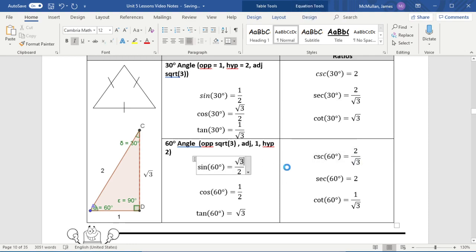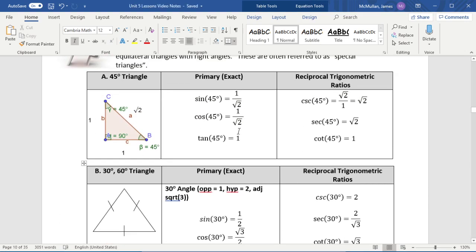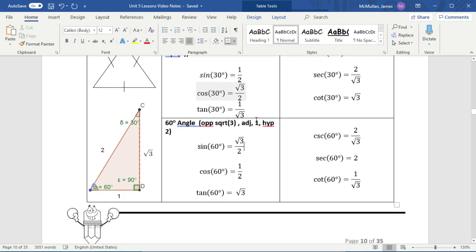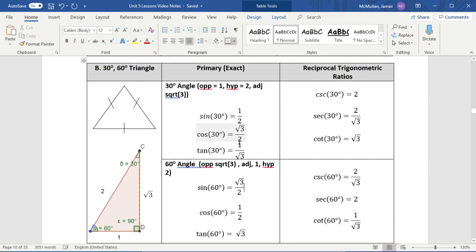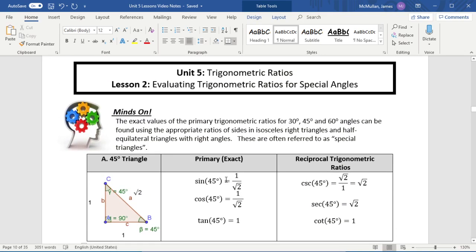Okay, so again, this table, very important. Put a tab or whatever on this page so that you have access to it and that you're using these. Challenge yourself to use these exact values where possible. They will help you a lot to just understand and not get lost in terms of what you are doing in this unit. If you can remember, what does sine do?